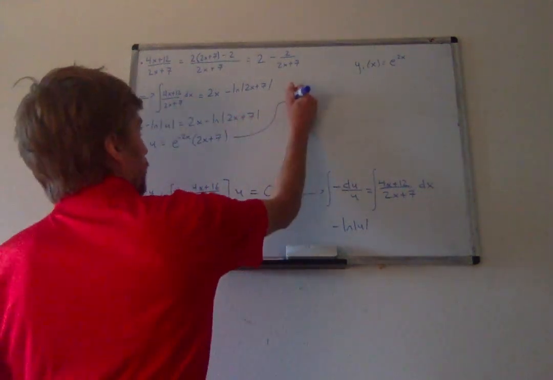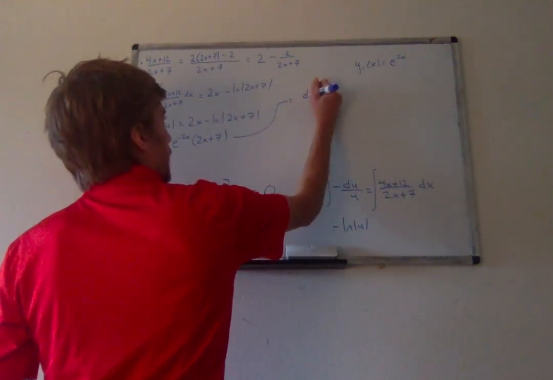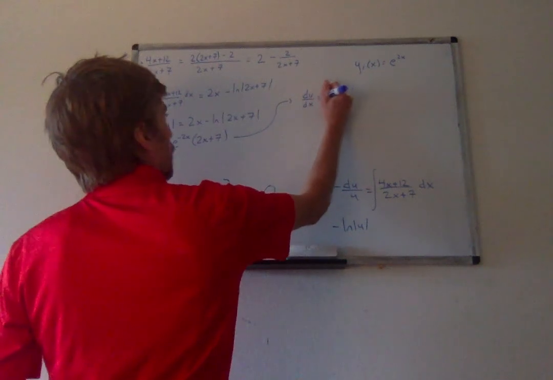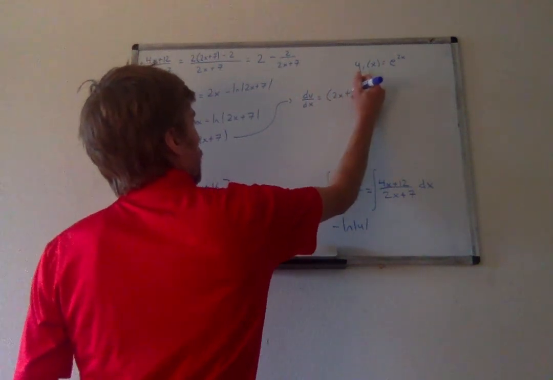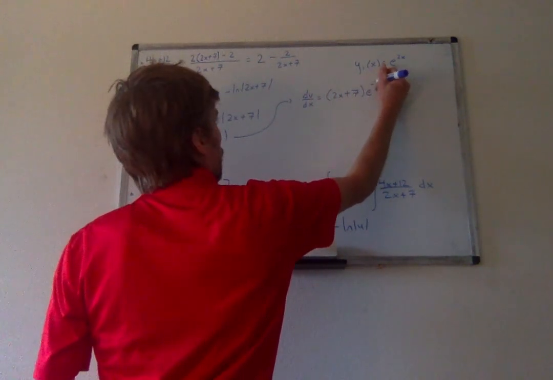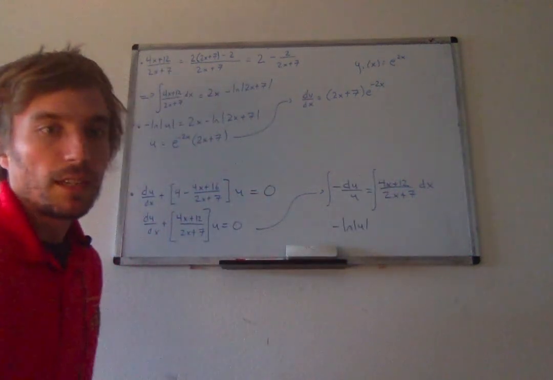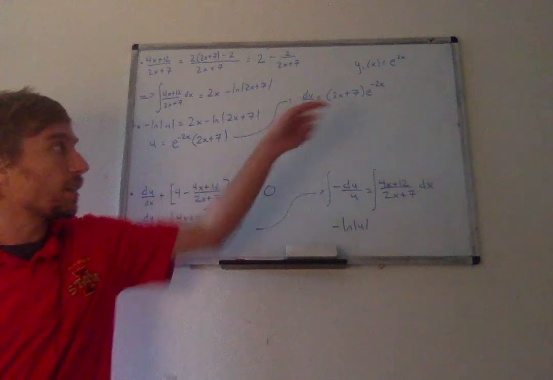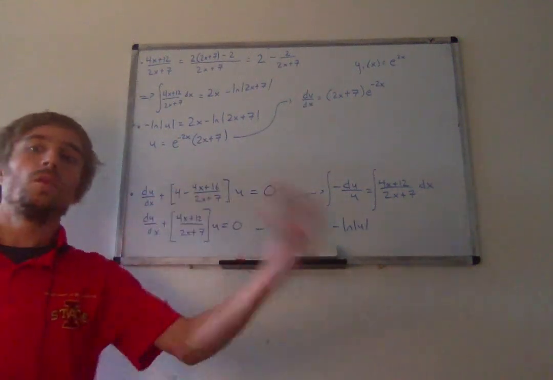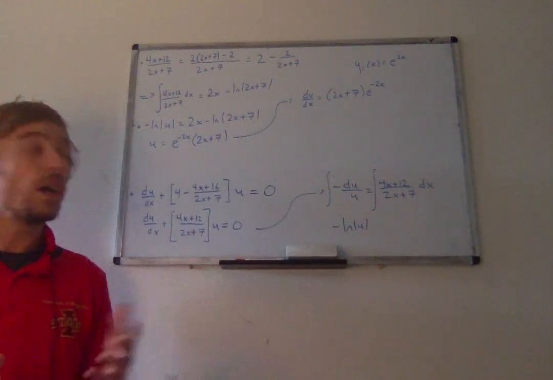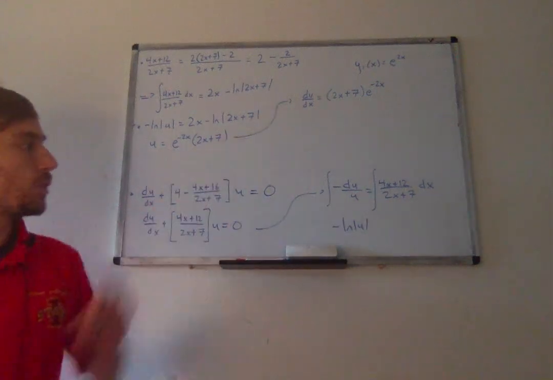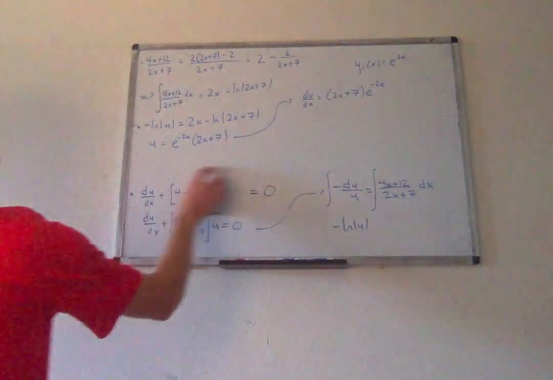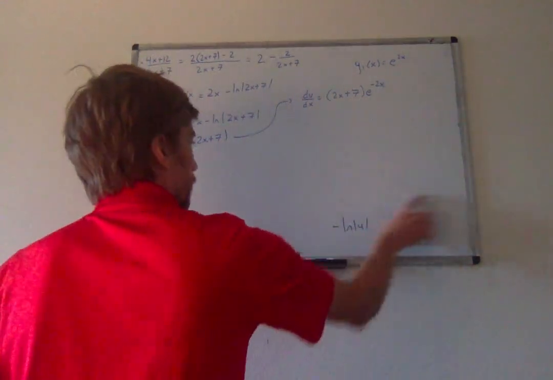And so remember, this implies that dv dx is equal to 2x plus 7 times e to the negative 2x. And so now we just need to integrate this in order to solve for v, which will then allow us to solve for y. So this function here you can integrate using integration by parts.